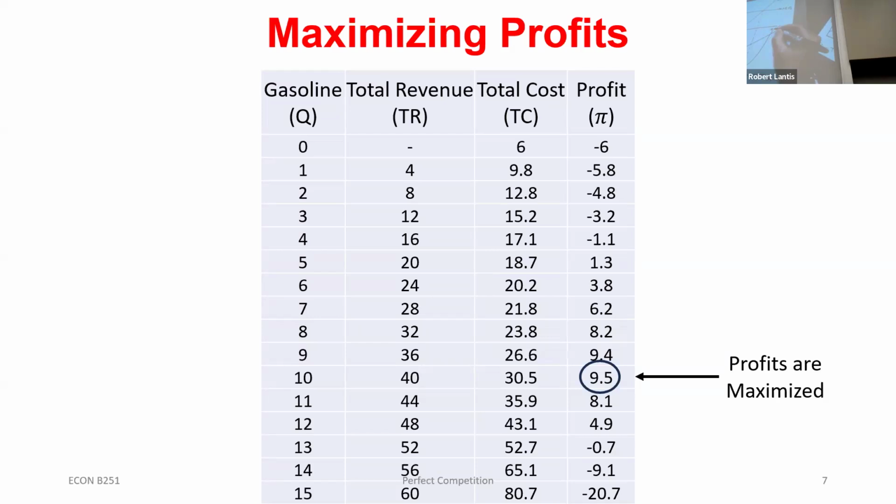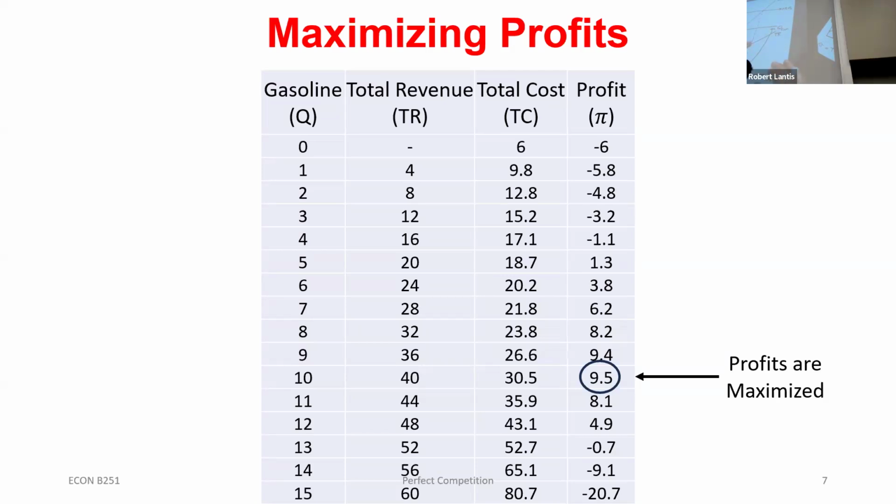When comparing total costs and total revenues, profits are simply the difference between my total revenue and my total cost. So if I was looking at a total cost, total revenue curve, I want to find at what quantity that gap between the two is at its largest. Initially that gap was relatively small. As I produce more, the difference between total revenue and total cost, that just represents profits.